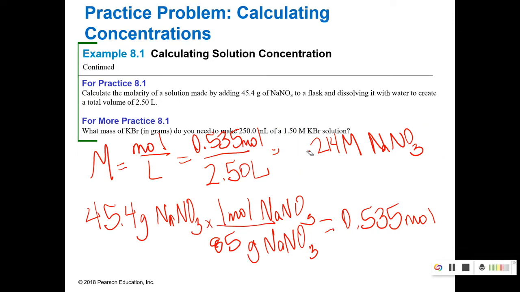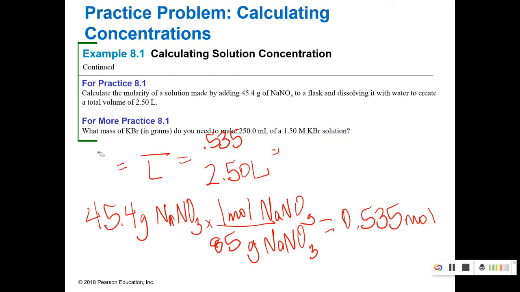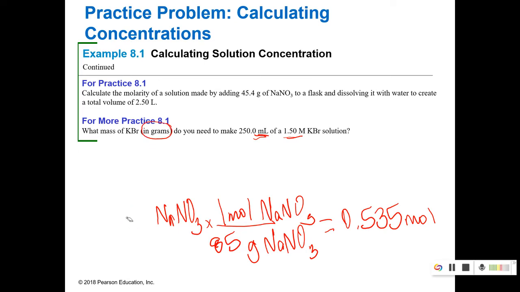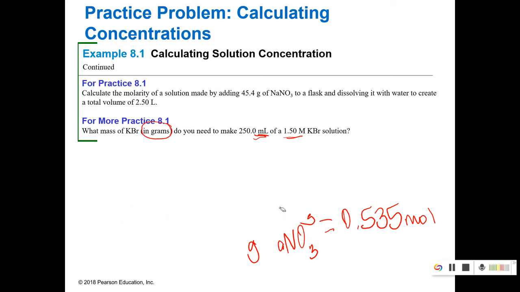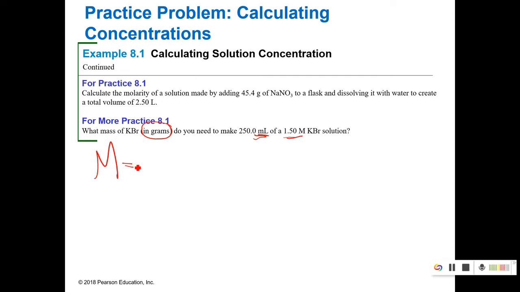Okay, I do want to go ahead and work this one just because it's a little different. Okay, so this one, first off, it has milliliters. It gives us molarity, and it's asking for grams, so we're going to go backwards. So we have to find moles to be able to get grams. Okay, so if molarity is equal to moles per liter, then moles is equal to molarity times liters.